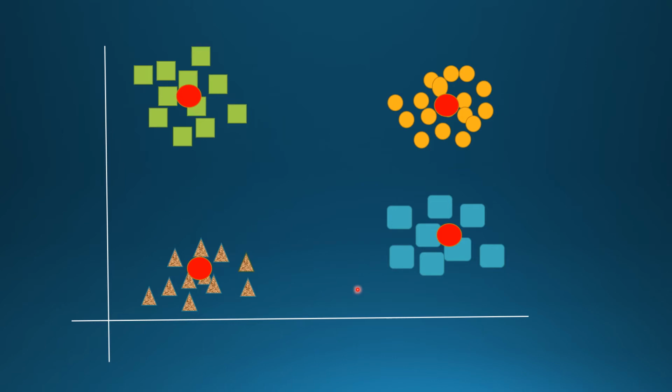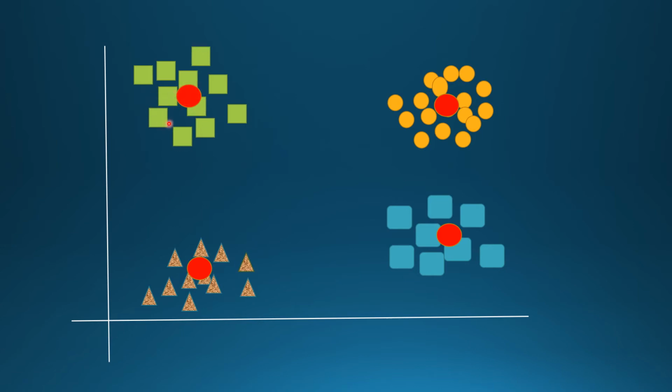Consider the following graph. Here you have some green boxes, you have some orange circles, you have some blue boxes and you have some orange triangles over here. These are different clusters for us. Now initially we will set a centroid at a random place.